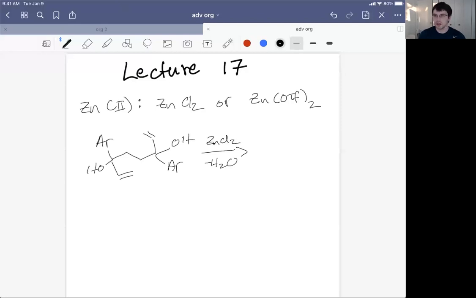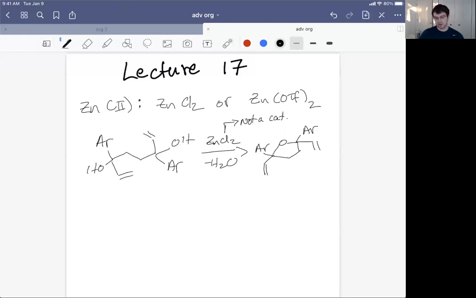This is not a catalyzed transformation because the alcohol will actually react with the zinc chloride, consuming it, and we don't have the ability to regenerate it unless we can actively remove water and maintain the integrity of the catalytic system. So we're going to form a tetrahydrofuran, a THF ring, looks like the THF solvent.